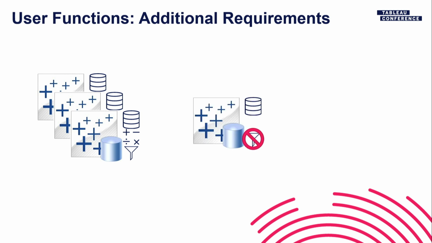So I mentioned that you have to disable downloading of these data sources, and you have to make sure that there's no way somebody could ever disable the filter or edit the user calc that you're using. All of these things have to be very locked down. And finally, let's talk about extracts.